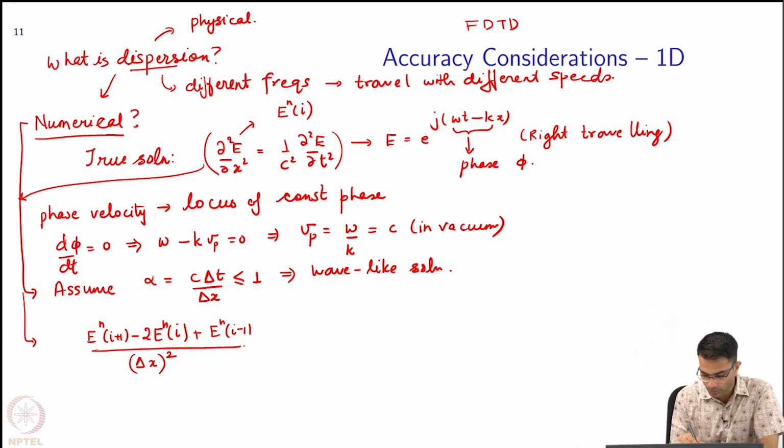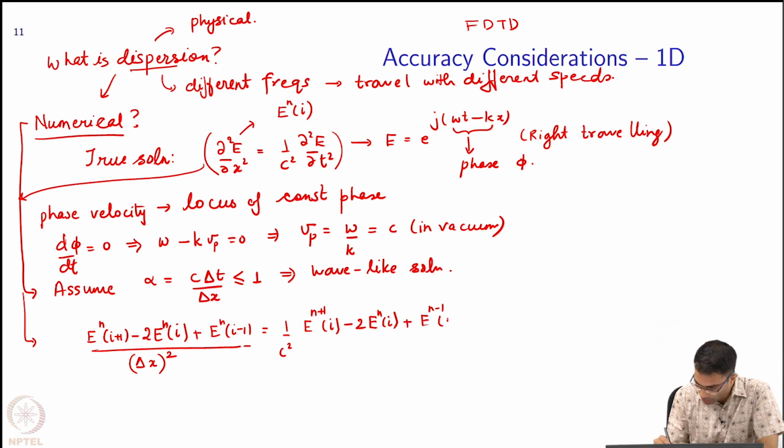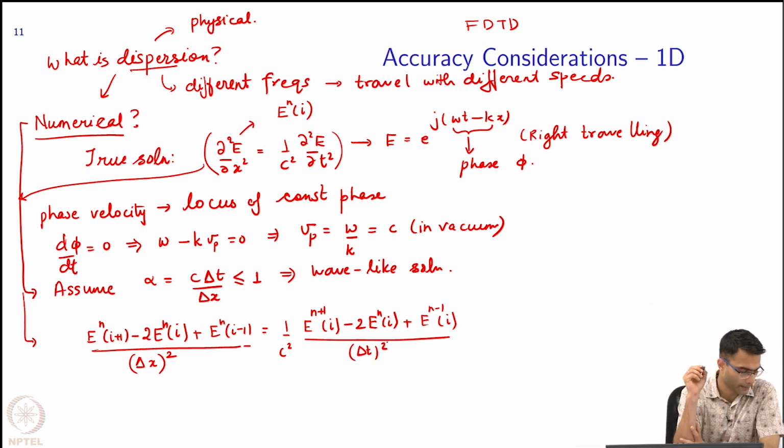And this is going to be equated to 1 by c squared times E n plus 1 I minus 2 E n I plus E n minus 1 I, divided by delta t squared. Okay.